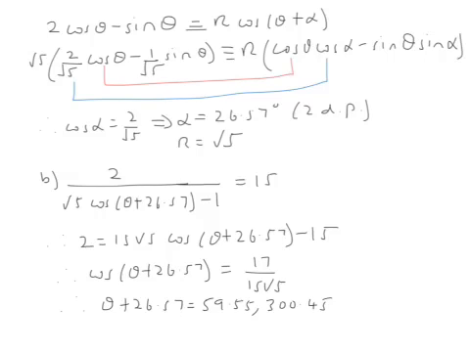That was between 0 and 360, so that's okay. So theta is going to be 59.55 minus 26.57. That works out to be 33.0. And 300.45 minus 26.57 is 273.9. And we need to give these answers to 1 decimal place.